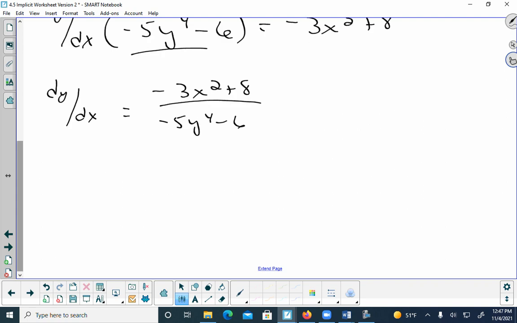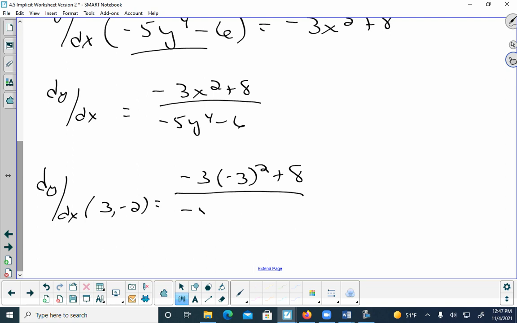So 3, negative 2. So in place of x, I'm going to write 3. In place of y, I'm going to write negative 2. So this is 9, negative 27 plus 8. That would be a negative 19.